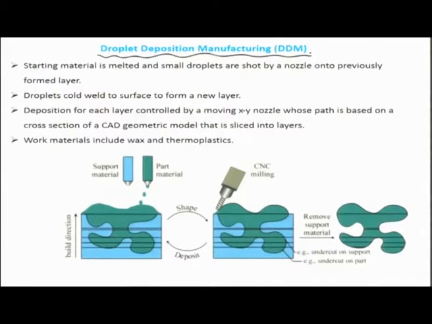Here as you see, the starting material is melted, okay, and small droplets are shot by a nozzle onto a previously formed layer. For example, in this particular case, let's say this is a complex shape being built along a direction which is in this direction, the build direction.